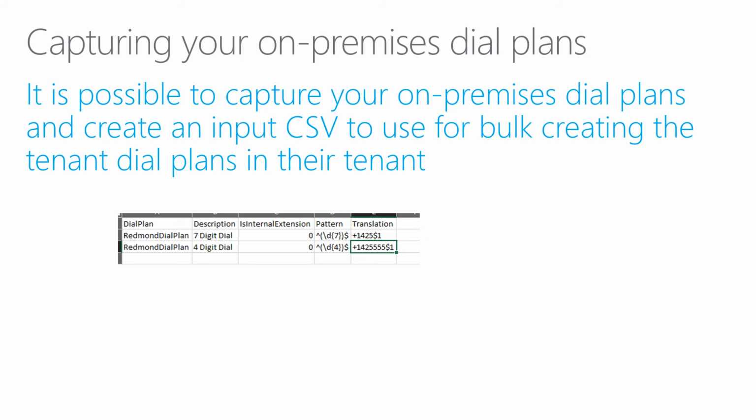It is possible to capture your on-premises dial plans and create an input CSV to use for bulk creating the tenant dial plans in your tenant. In the example shown below, we've shown a simple CSV file that lists the dial plan name, the description, if this is an internal extension, the number pattern, and the translation.